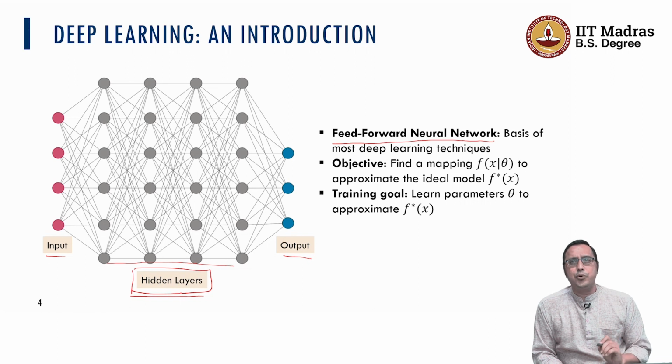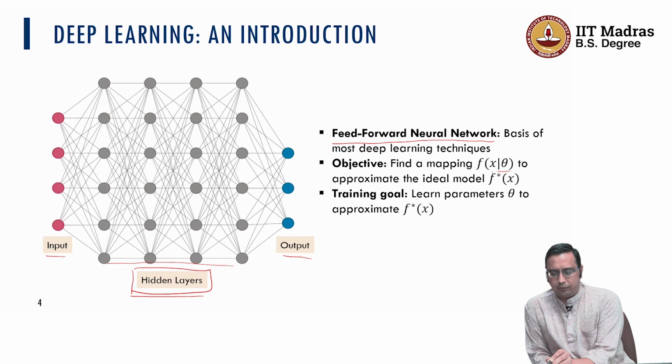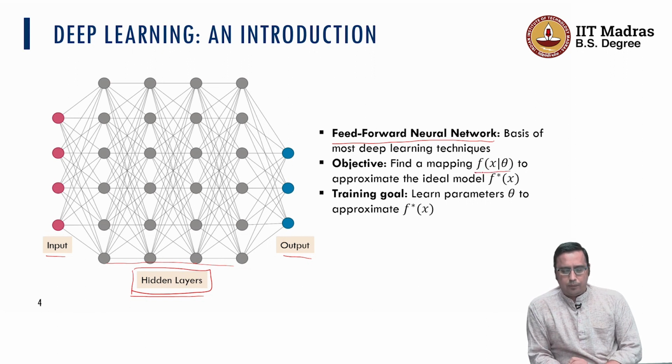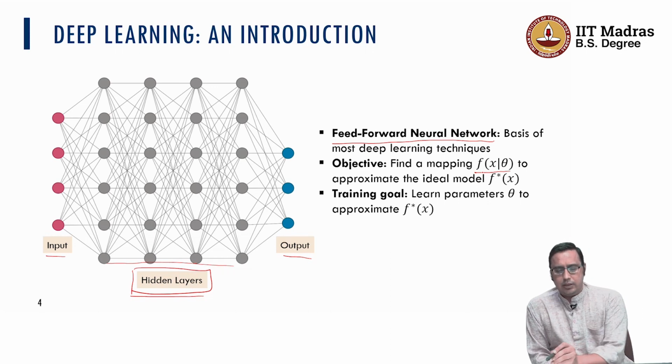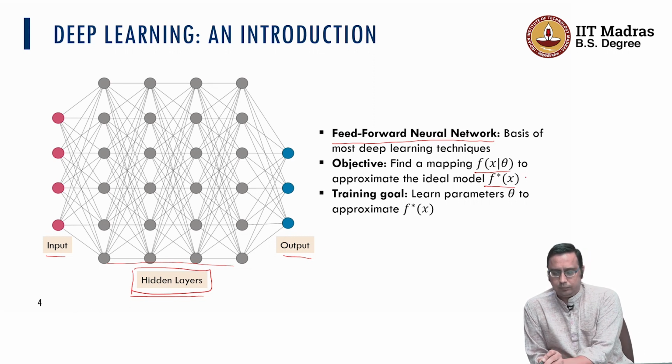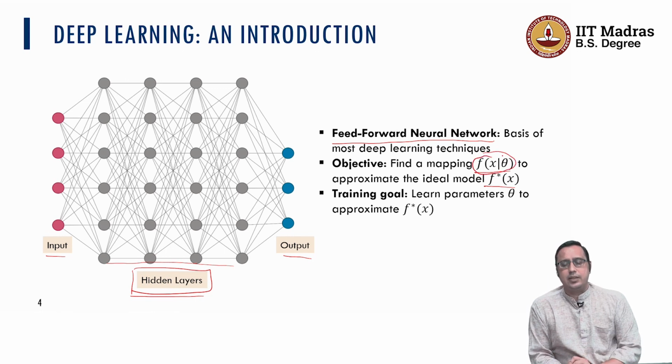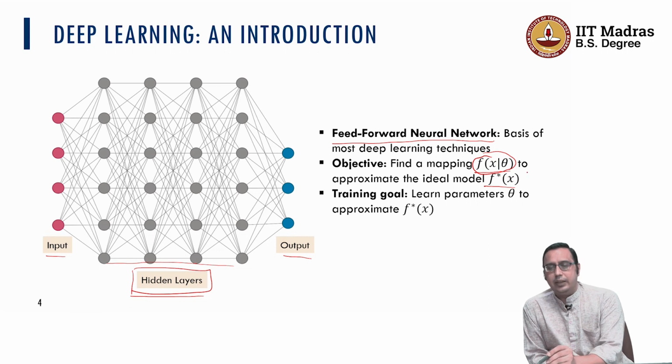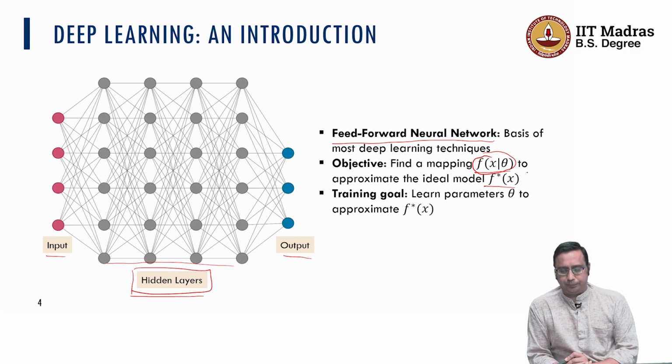And similar to neural networks, the objective of a deep learning model is to find a mapping function f(x), or approximate some ideal model, which is the underlying ideal model f star(x), using some function f of x given theta, where theta are the parameters of the model.